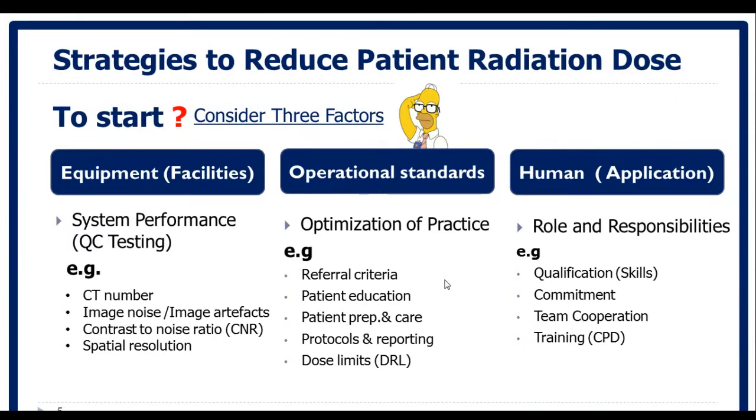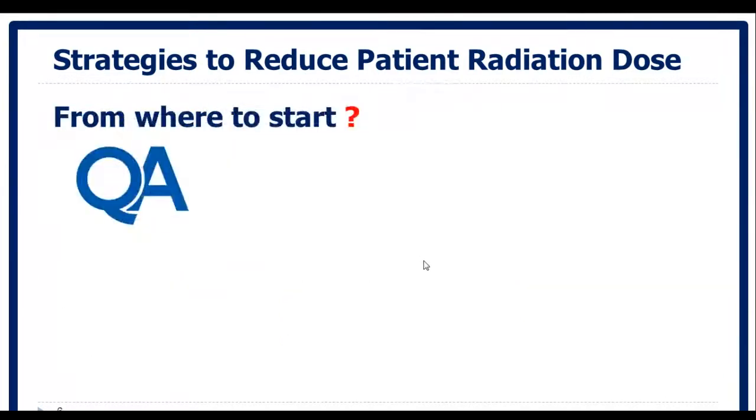Meanwhile, we need to think about the qualification and skills of those who are involved in this CT service, their commitment to the regulations and standards, and their team cooperation, as well as considering training during the practice, as the Prof. also mentioned, because training is essential through continuous professional development.